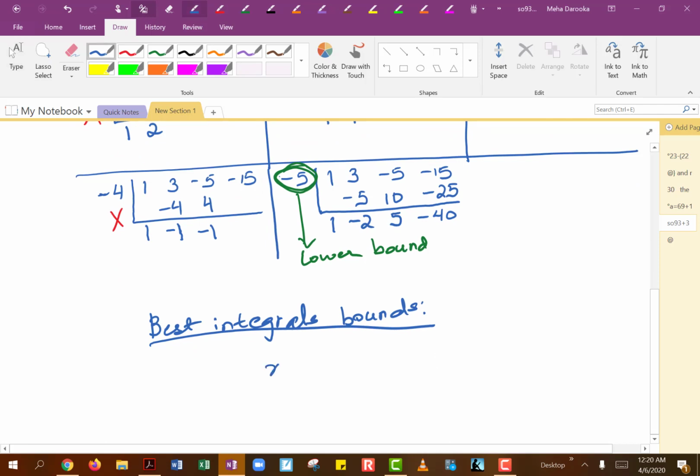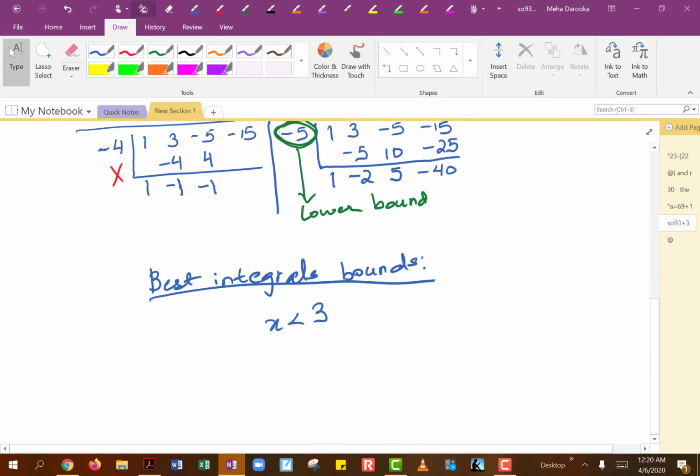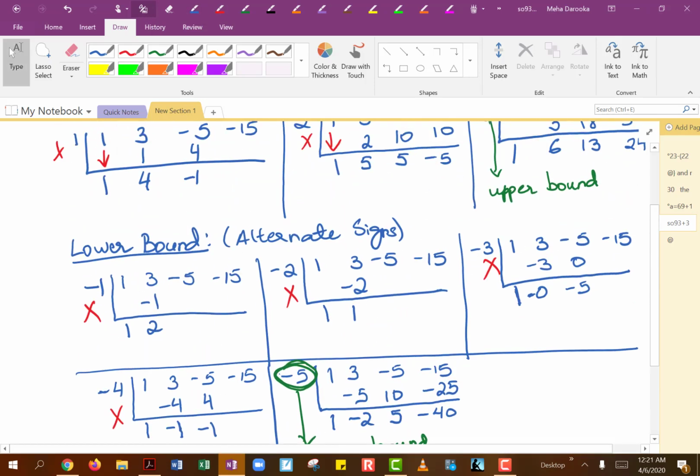So we will say x is going to be between 3, which was our upper bound, and negative 5, which is our lower bound. So basically your x value has to stay between those two numbers. Okay? So that's the idea behind using this theorem on bounds.